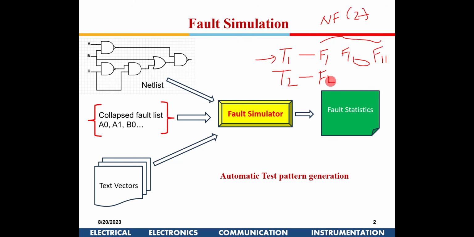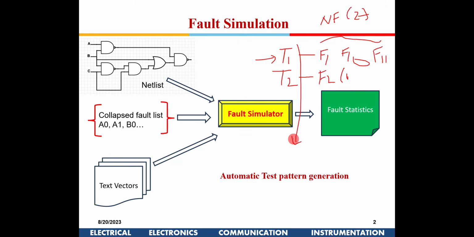And corresponding to that, at the output, if there is no fault, what would the expected output be? That data also should be there. If the expected output is not there, then which faults get covered? There could be n number of test vectors.